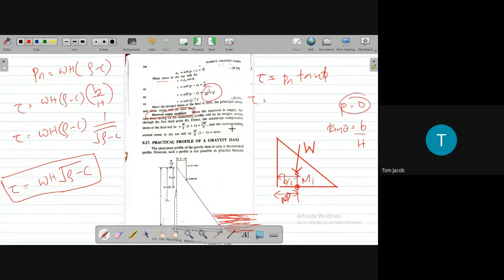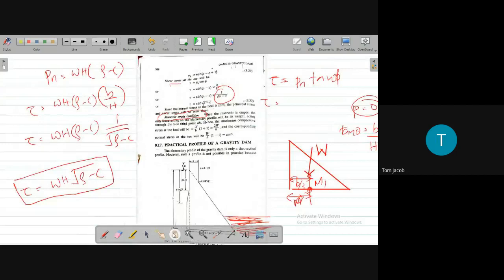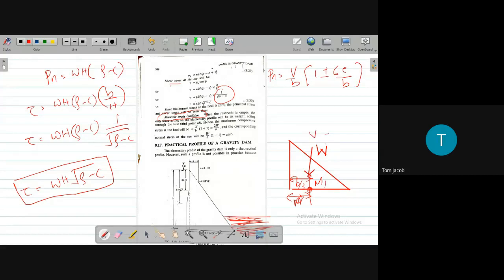So we have the maximum compressive stress at heel. Our equation is Pn is equal to V by B into 1 plus or minus 6e by B. And here V is equal to W, there is no other vertical force.